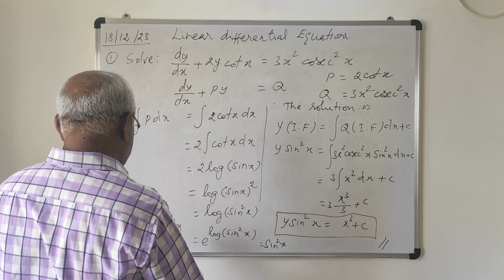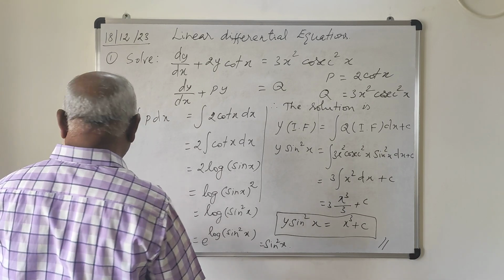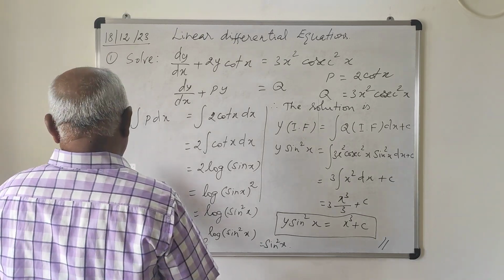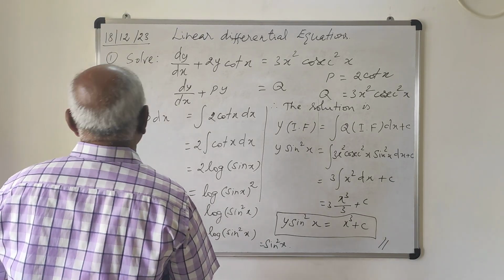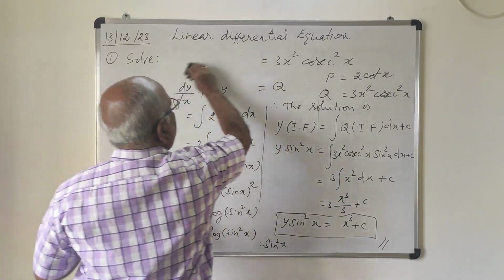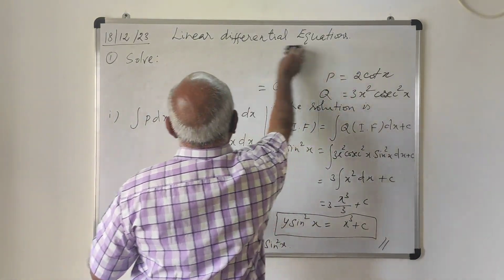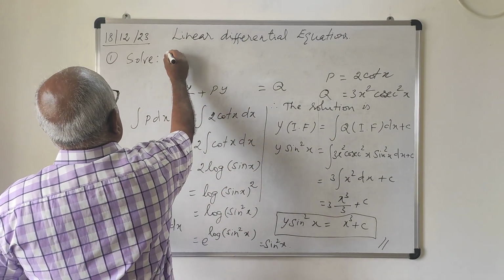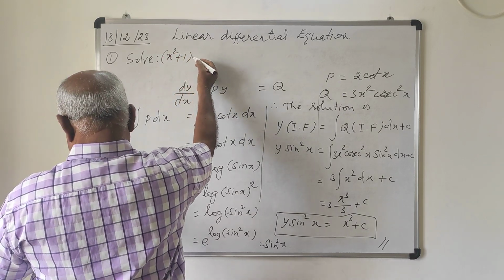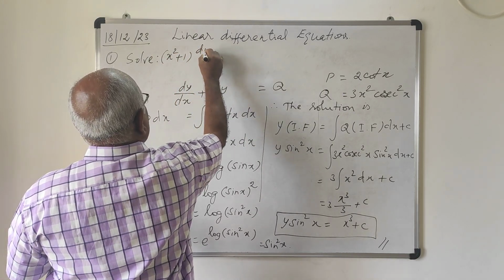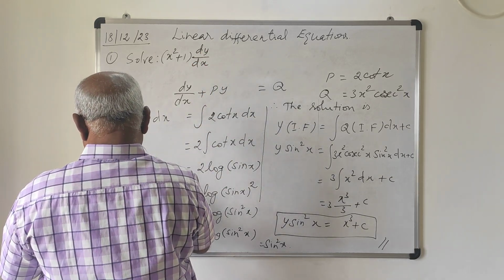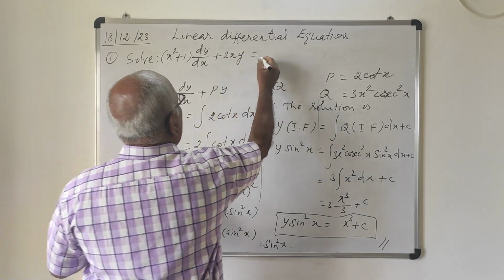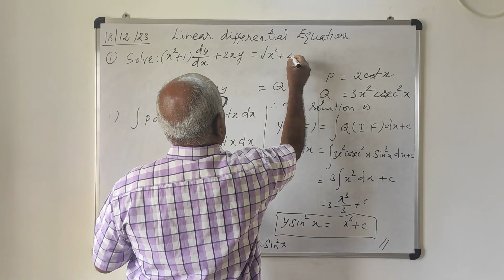Next problem, we will see another problem. Solve x square plus 1 into dy by dx plus 2xy equal to root of x square plus 4.